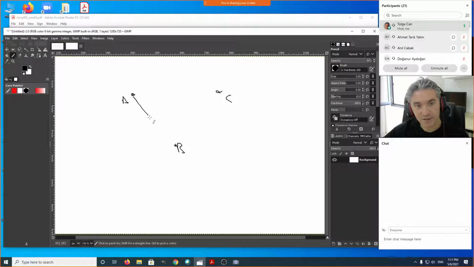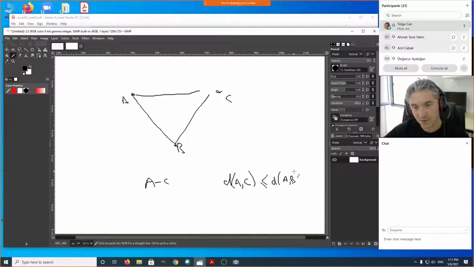the direct distance from A to C is less than or equal to the distance from A to B plus B to C. This is called the triangular inequality.